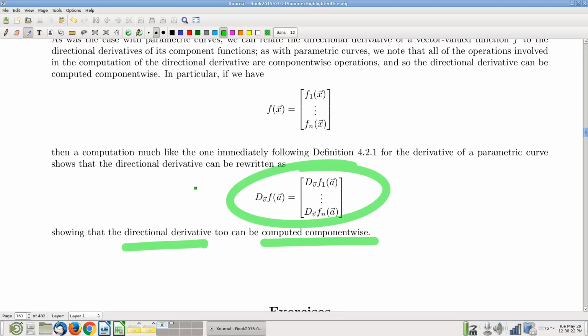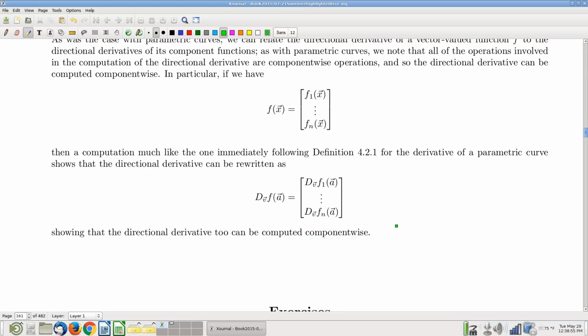If you look at the definition of a directional derivative, it is the derivative of a parametric curve. Now, we form a special, particular parametric curve with the points A and B and the function f all in mind. But it goes into generating a parametric curve. We're computing here the derivative of a parametric curve. Derivatives of parametric curves we already know are computed component-wise. This being just an example of that, of course, it is also computed component-wise.